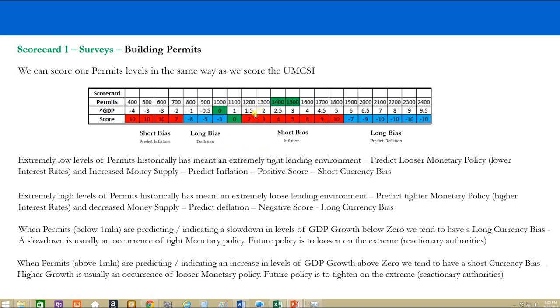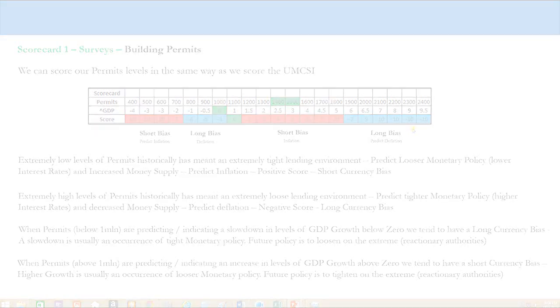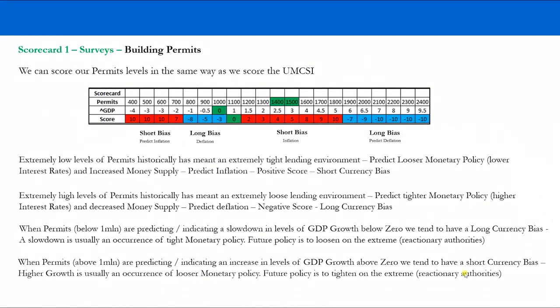And we tend to have a short currency bias because higher growth is usually an occurrence of looser monetary policy, and on the extremes, future policy is to tighten, as we've already seen. So you can see how the scorecard of building permits actually looks. The composition of it is pretty similar to the UMCSI.